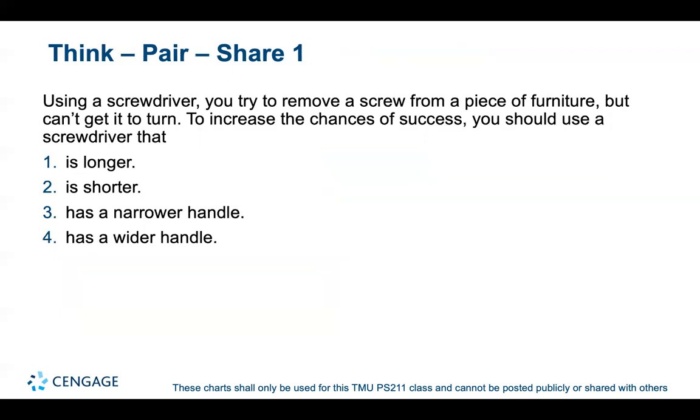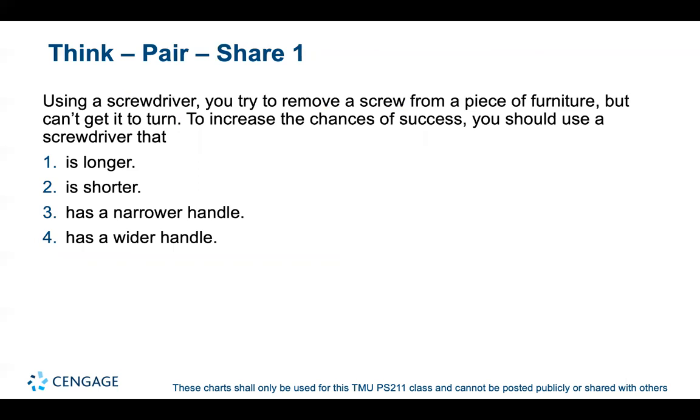So let's talk about this a little bit and have a question here. Using a screwdriver, you can try to remove a screw from a piece of furniture, but can't get it to turn. To increase the chances of success, you should use a screwdriver that has a wider handle, and the answer is that a larger torque is needed to turn the screw.